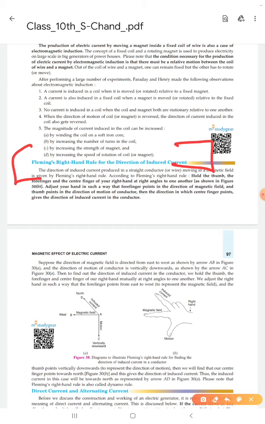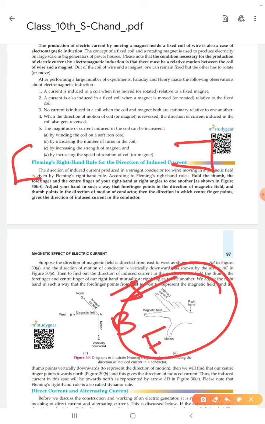Fleming explained it. Suppose this is your right hand. According to Fleming's right hand rule, remember the same thing as I discussed in Fleming's left hand rule: FBI, F for force, B for magnetic field, I for current. The thumb for F means motion here, the forefinger represents the magnetic field, and the middle finger represents electric current.